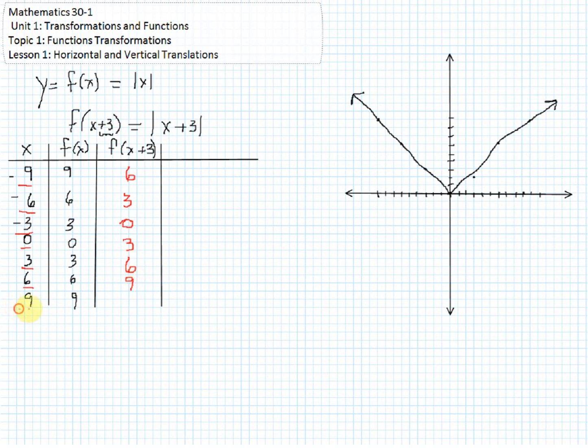And finally, 9 plus 3 is 12, with an absolute value of 12. So we can see that we're getting quite different numbers than we got when we did our vertical translation. And so let's see how that graphs out.